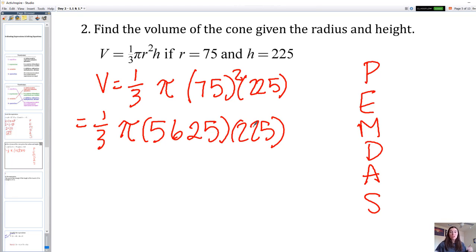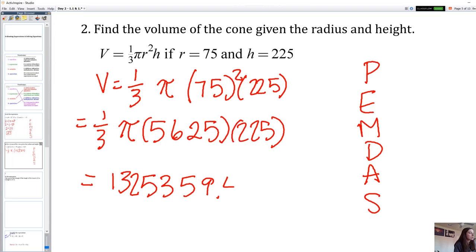So what I'm going to do now is I'm just going to go straight into my calculator and type all of that out. So we need 1/3, I'm going to put that fraction in my calculator, times pi, times 5625, times 225, and we get this really, really big number. I'm going to go ahead and write that out. 1,325,359 point, let's call it 0.4.